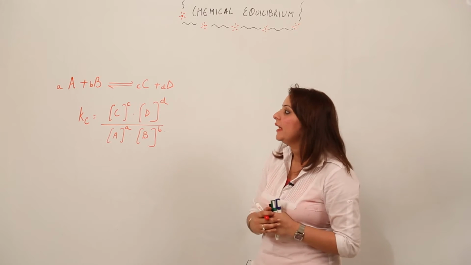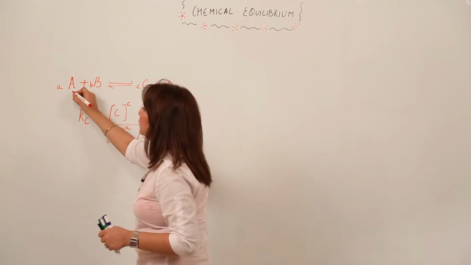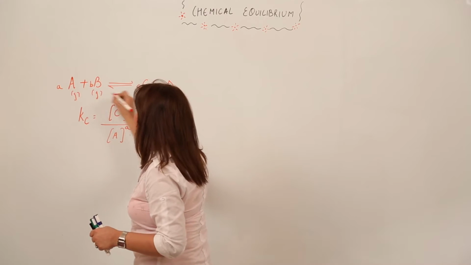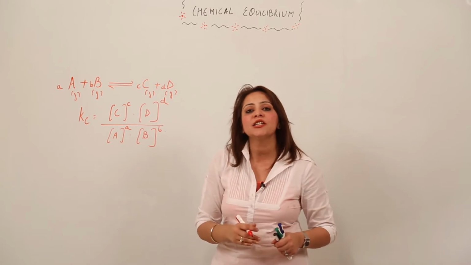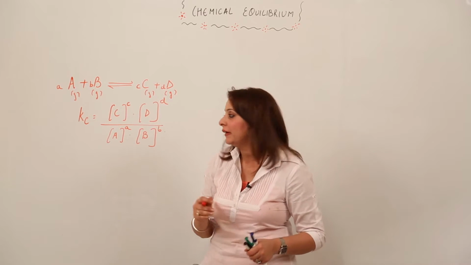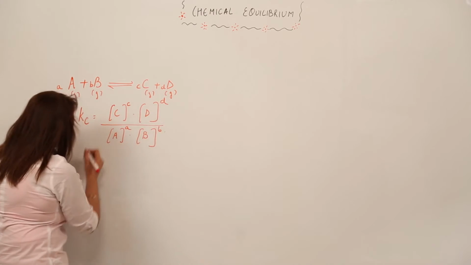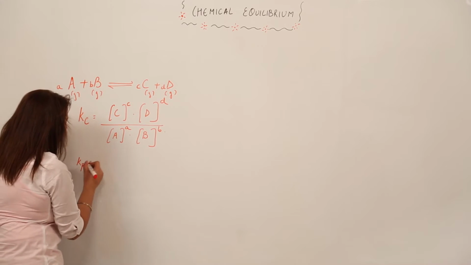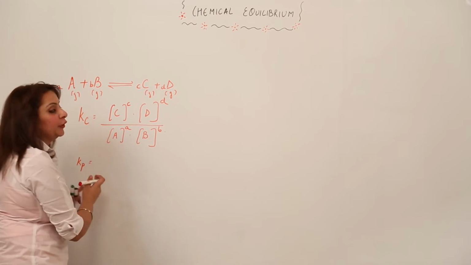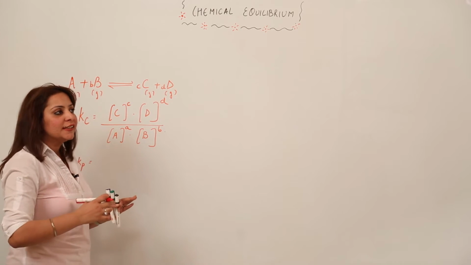And if I say that these reactants and products are present in a gaseous state, then instead of writing the concentration, I can write it in terms of partial pressure. So, considering them as gaseous components, I am writing the expression for Kp. It is not a tough task.